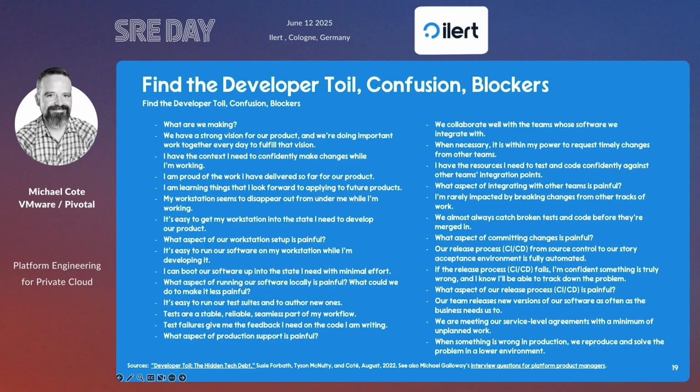Now, the third thing that I think is useful here is if you send this out, I don't know, quarterly, a lot of people talk about survey fatigue, which I think is probably real, but also I used to be an application developer and we love telling you what we thought could be improved, or otherwise better known as complaining. And so maybe if you frame it as a chance to express yourselves as a developer, you can get around to getting some answers to it.